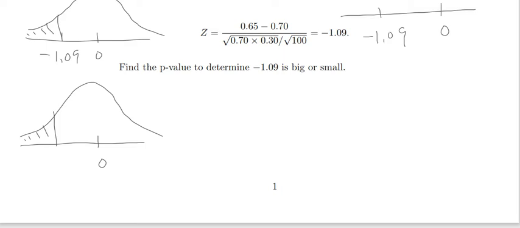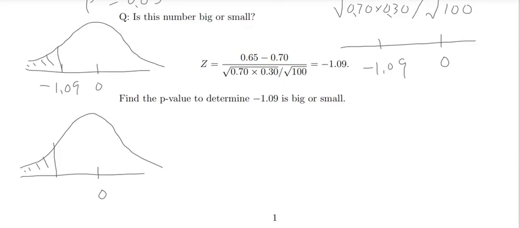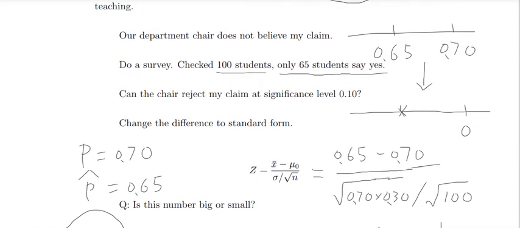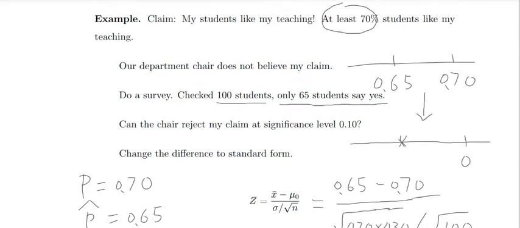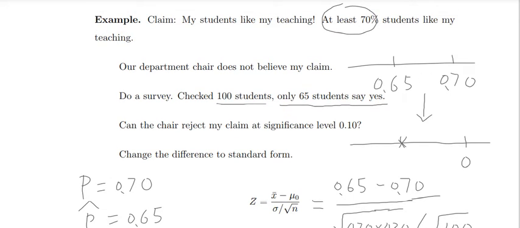So is this one tail or two tail? Sometimes we get confused. One tail or two tail depends on what is good or not so good. Here we're talking about the percentage of students who like my teaching, so high is good, low is not so good. We just need to check one side.